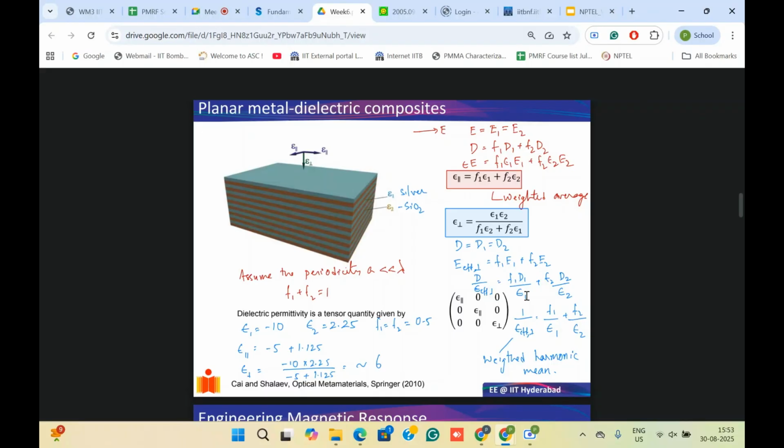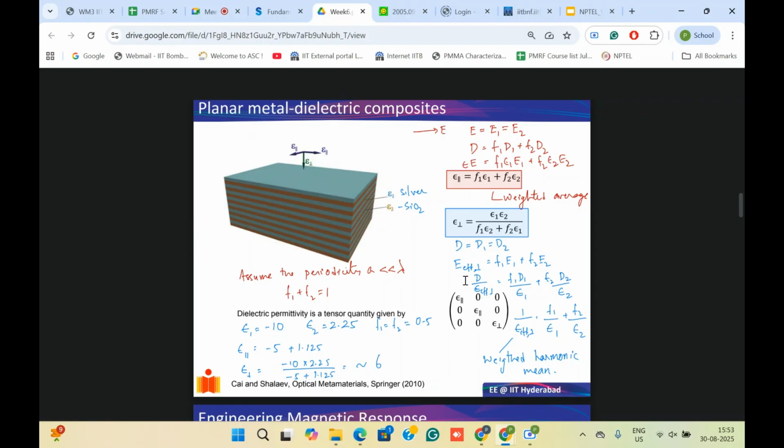So the electric permittivity here is a tensor, given by epsilon parallel on the x and y diagonal entries, which will be the same, and it will be different for the perpendicular direction.